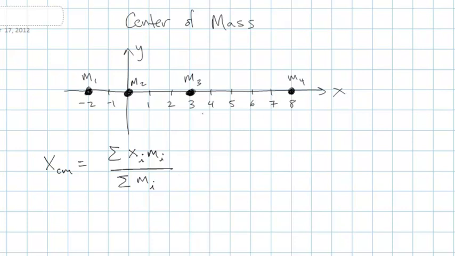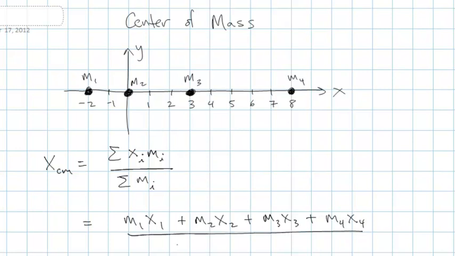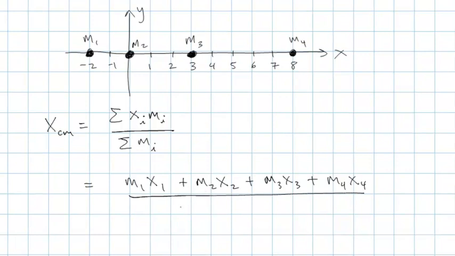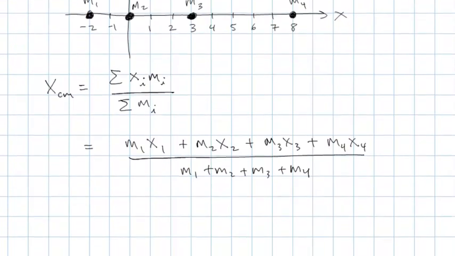So in this particular case, I've got m1 multiplied by x1, m2 by x2, all the way up to the fourth mass times its location, and I'm going to divide by the total mass. Basically, it's a weighted average.